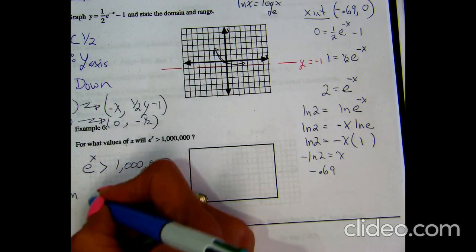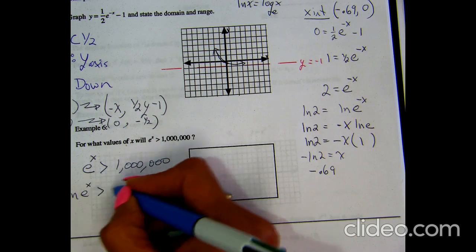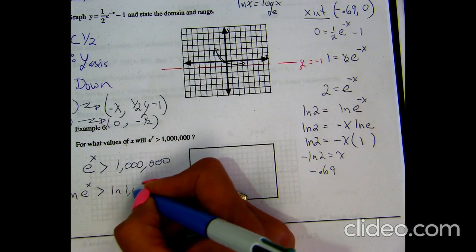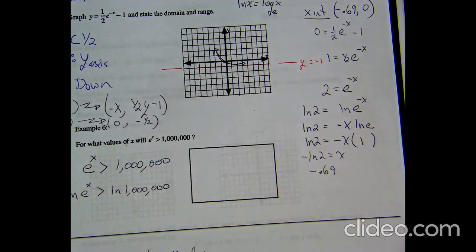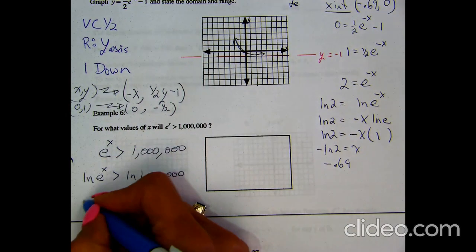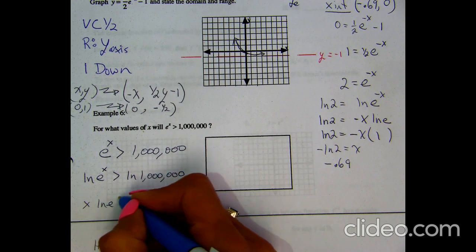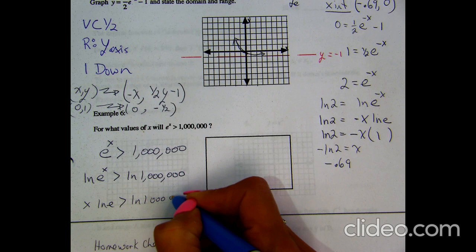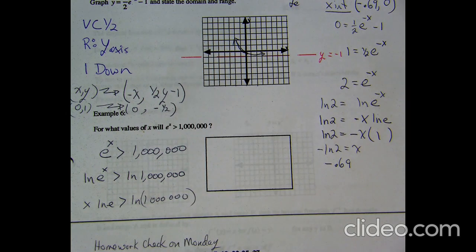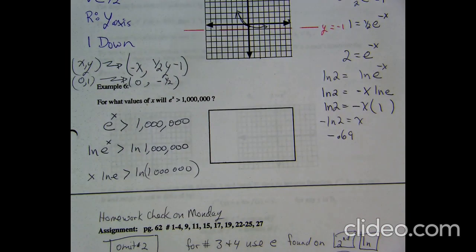You're going to take the ln of both sides. Your power law brings that x down in front. What's the ln of e? 1.